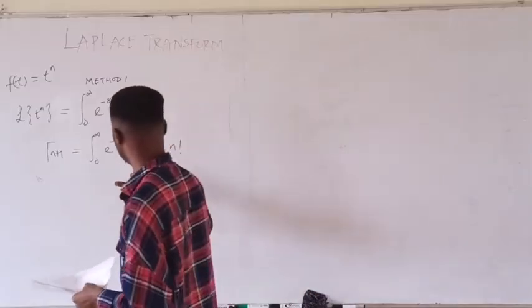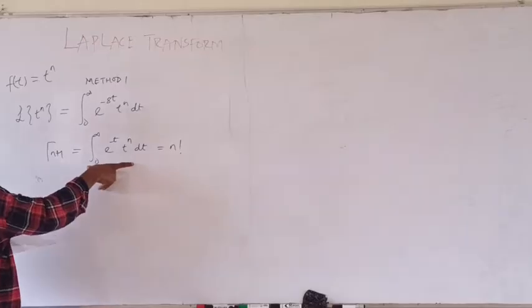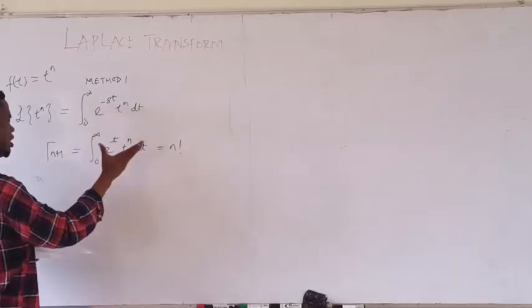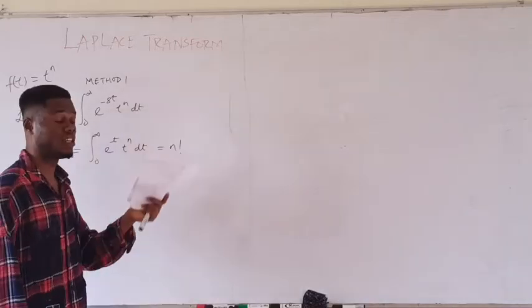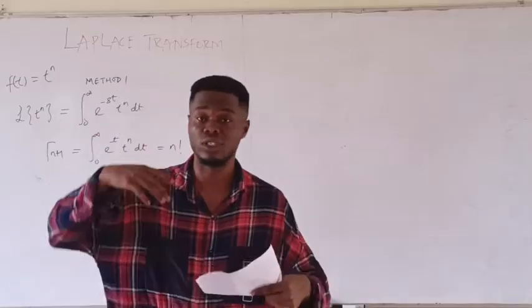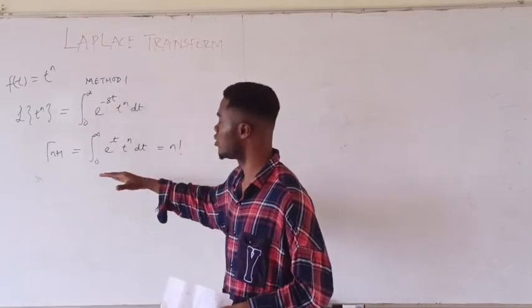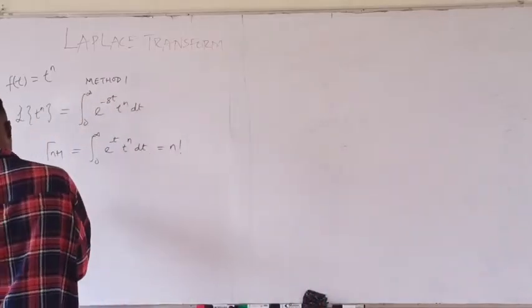So if I try to make this integral look like this, it will help me get the value of this integral very comfortably without solving lots of functions. So what I have to do is just make this integral look like this. Are you there?